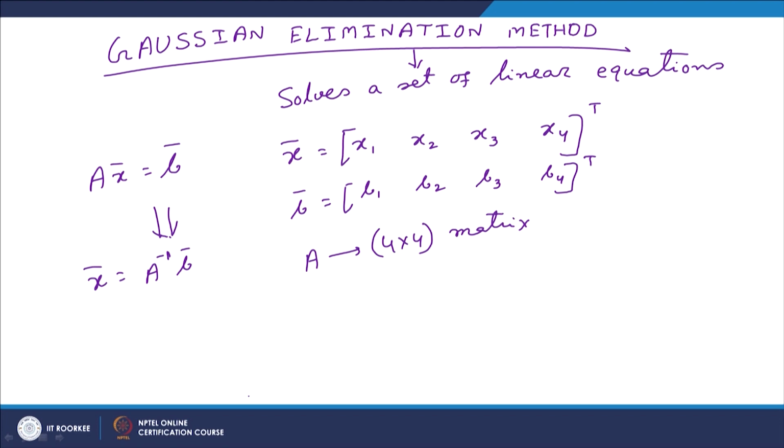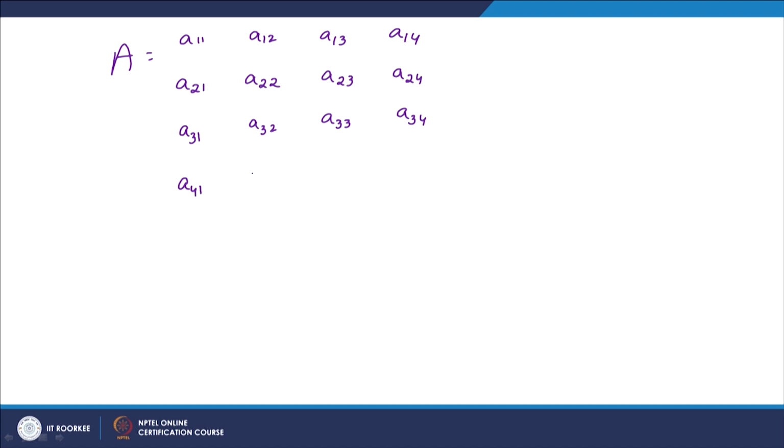So, let us say A is A11, A12, A13, A14, A21, A22, A23, A24, A31, A32, A33, A34 and A41, A42, A43, A44.